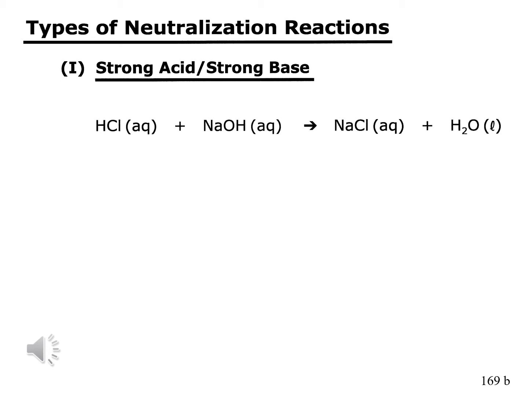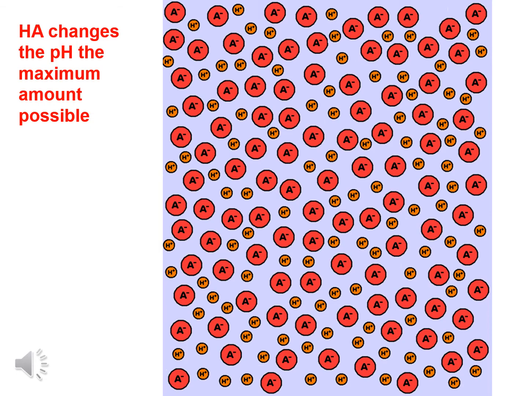What I want to do is show in this discussion that it is possible to use weak acids as part of a buffer, but not strong ones. And we're going to discuss that by showing what happens in these different neutralization reactions. This is what a strong acid looks like, sort of, if you draw it out.